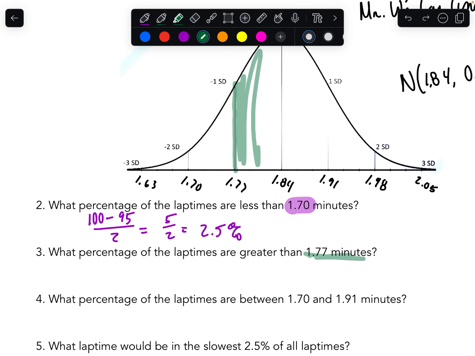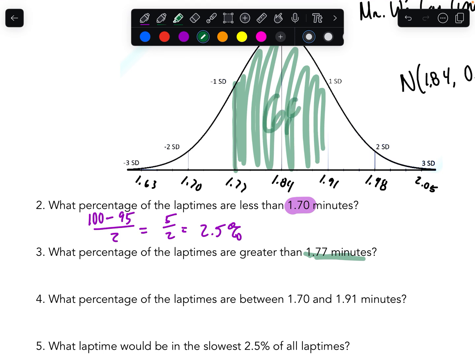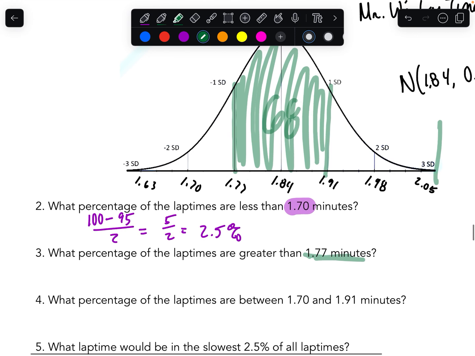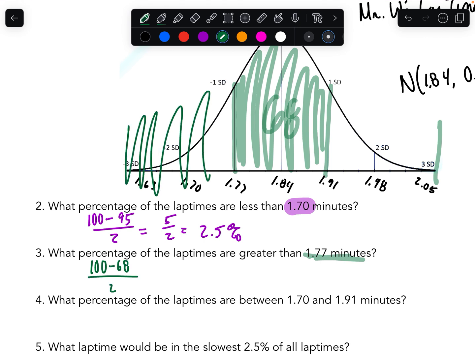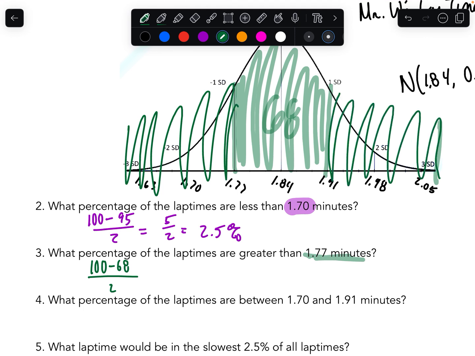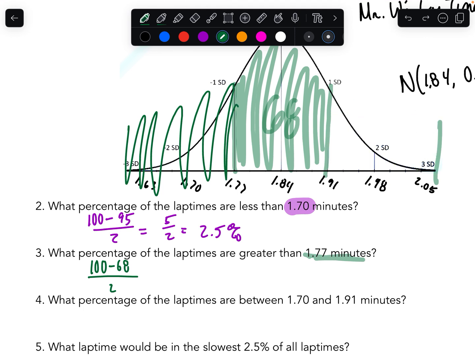It's that idea again that between one standard deviation we have the 68%, and then we're going to take all this out here. So what's the difference between 68 and 100, and then divide that by 2. So I'll take the 100 minus 68, because we're going back to one standard deviation, and divide by 2. 100 minus 68 would be 32, and I also want to cut that in half and get one of those.